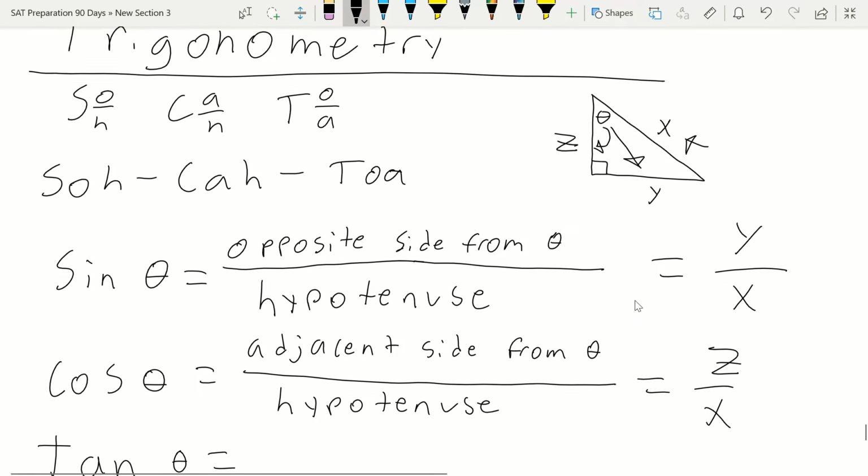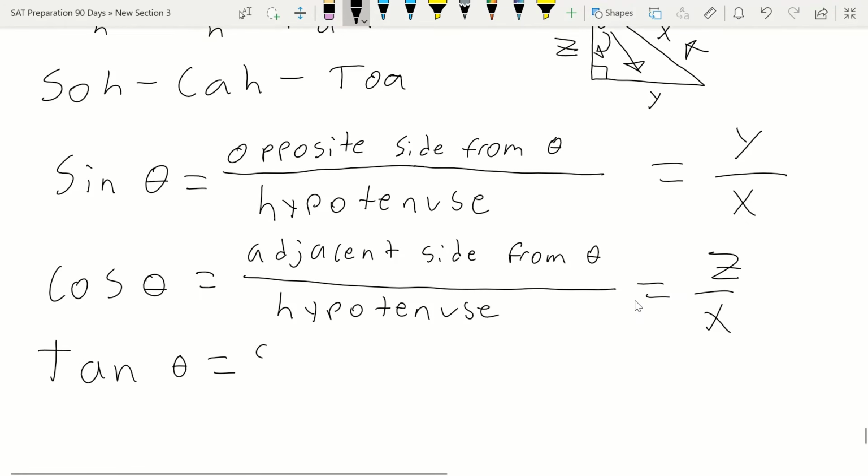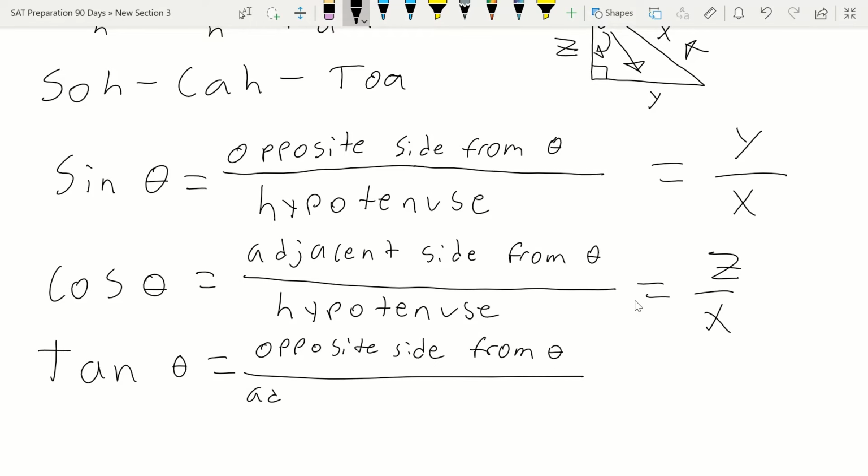So what about the tangent? So the tangent, if we go back up and we look at Sohcahtoa, we see that it's TOA, which is an O over an A. That means we're going to take our opposite side over our adjacent side. So we've got our opposite side from theta, all over our adjacent side from theta.